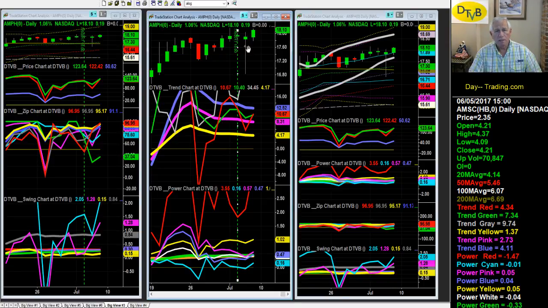When it opens, it goes down, goes up, builds the green body during the day, and at the end of the day it comes back down typically, and you have an upper tail and a lower tail on the candle. The red candle opens, goes up, then goes down, builds the red candle, and then comes back up at the end of the day, and you have an upper and lower tail.